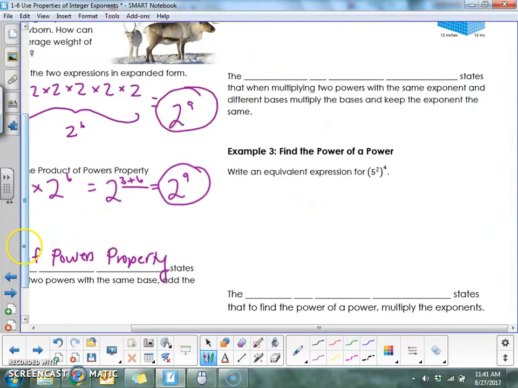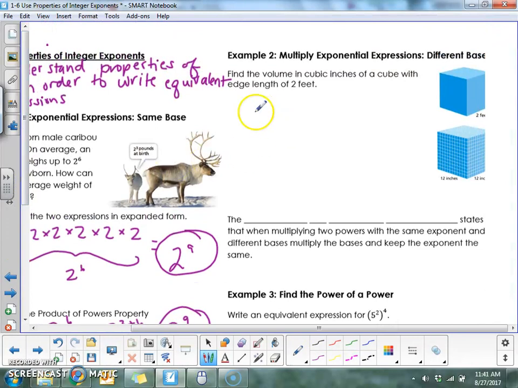Second property is when you're multiplying exponential expressions that have different bases. So for this problem, we're going to find the volume in cubic inches of a cube with the edge length of 2 feet. So when you're finding volume, you do whatever the side length is cubed. So in this case, 2 cubed.